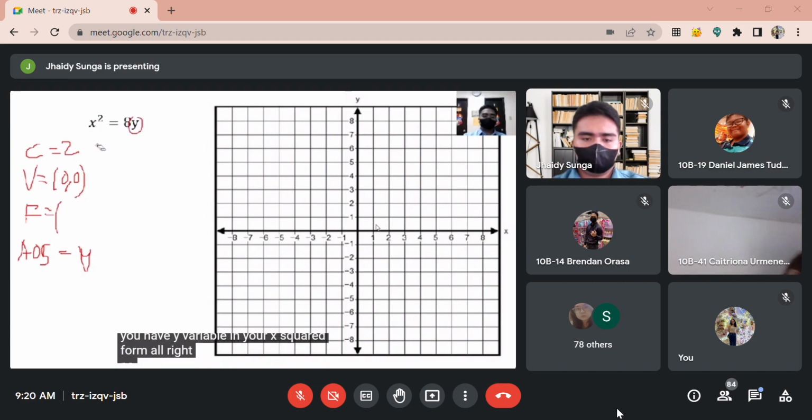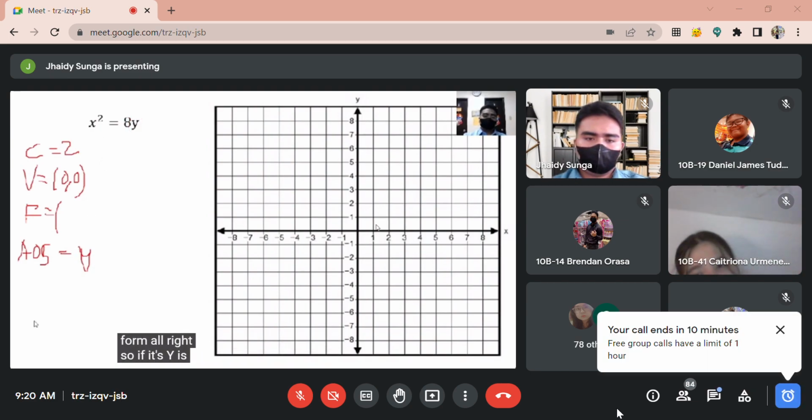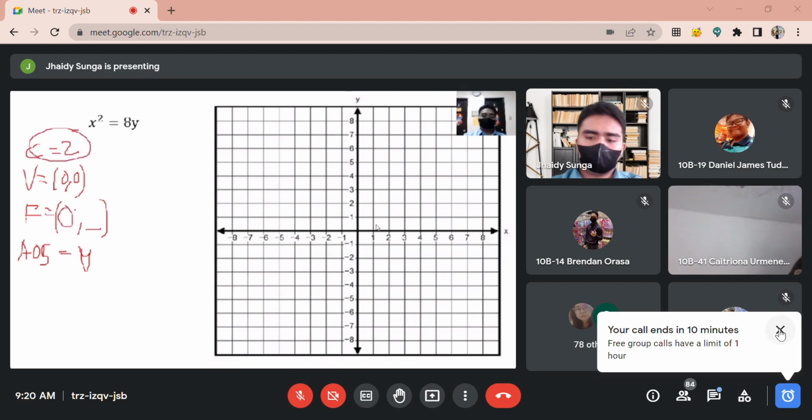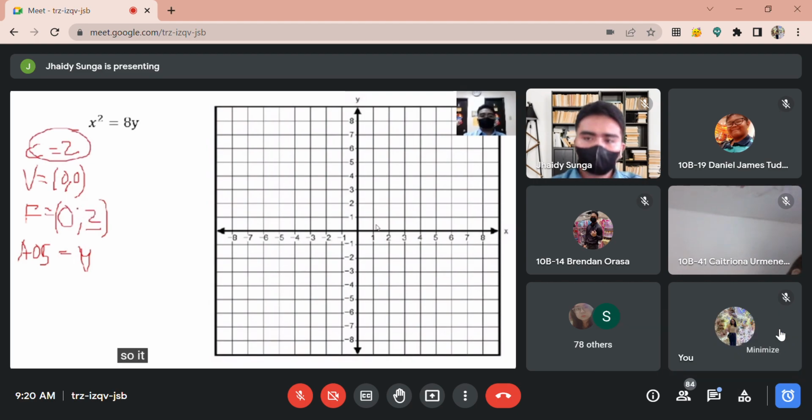If y is the axis of symmetry, the focus will be on the y-axis. So your focus coordinate will be (0, 2), positive 2.